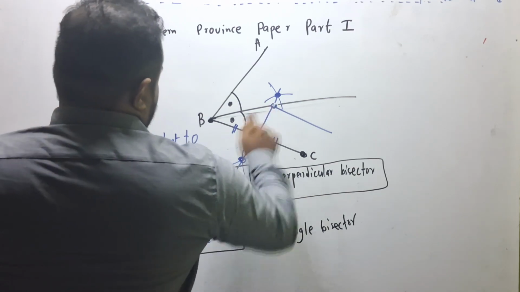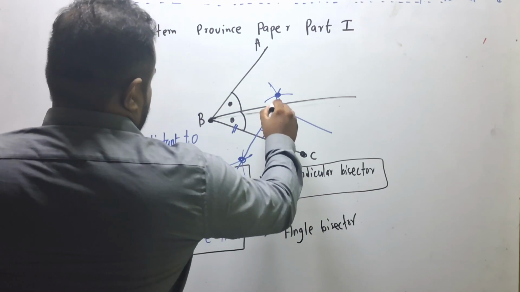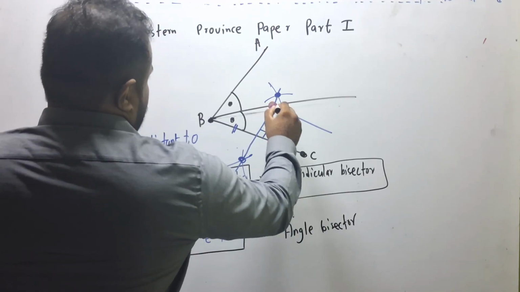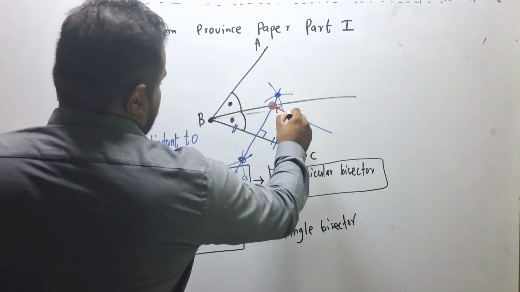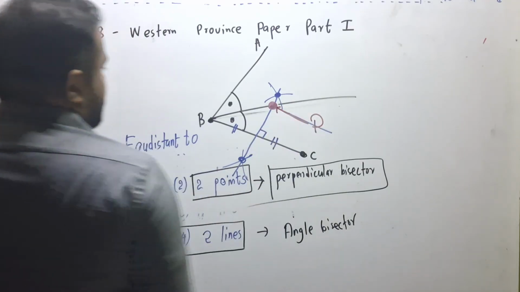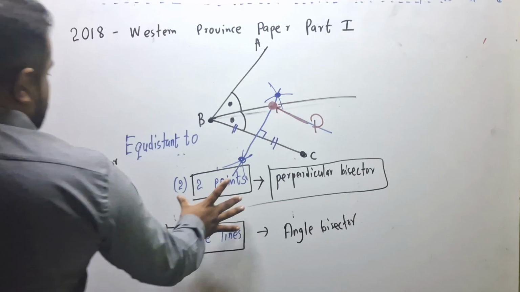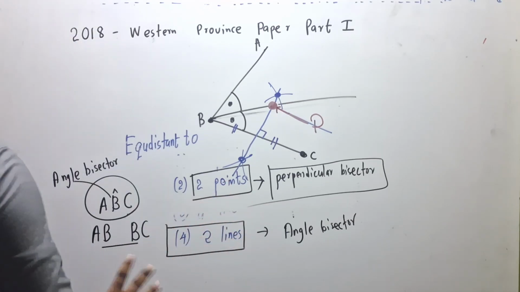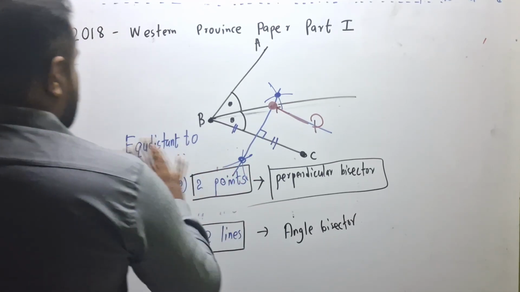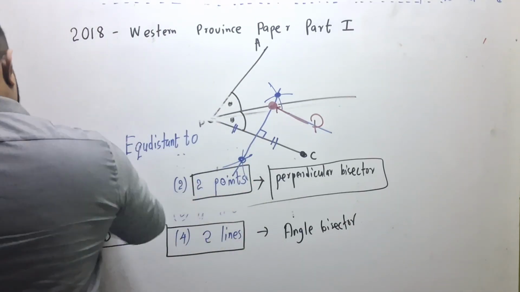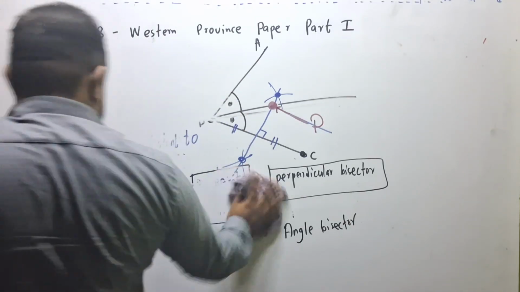The part I am coloring in red, this is the intersection point. So name it as P. Okay. Remember those 4 statements. If you remember those 4 statements, you can do a construction question easily.